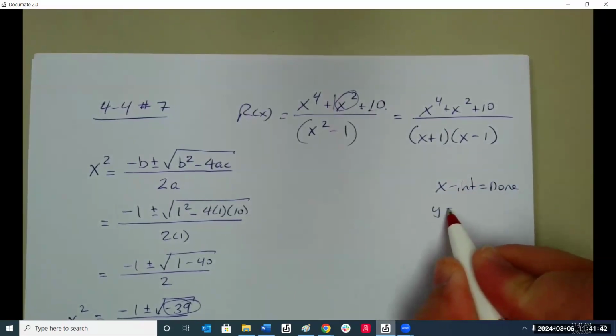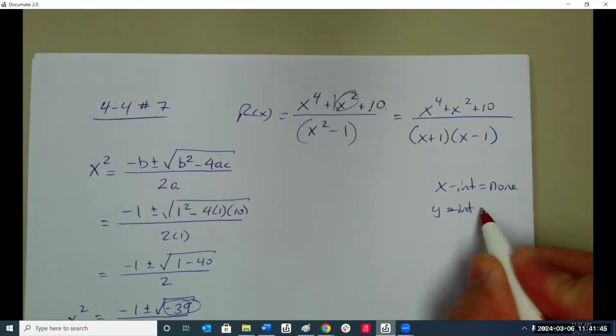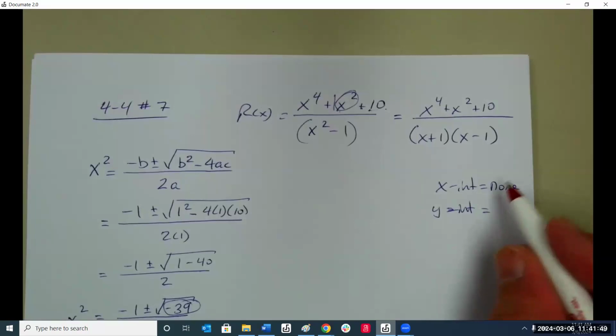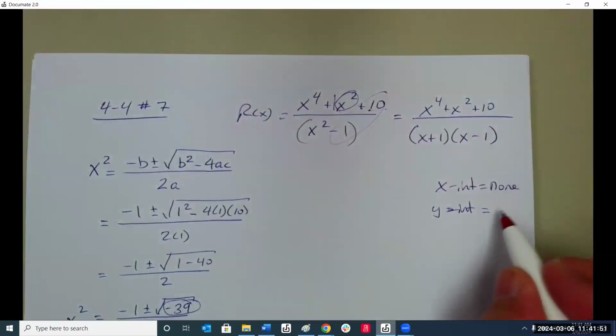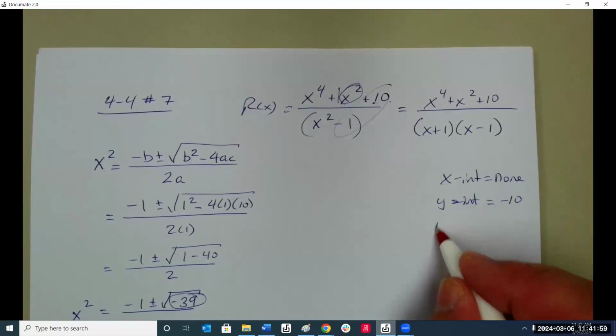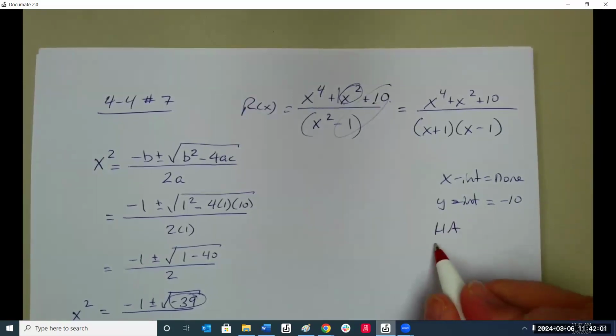How about the y-intercept? Negative 10. Yeah, you just weren't finished. You said 1, 0. The horizontal asymptote and the vertical asymptote.